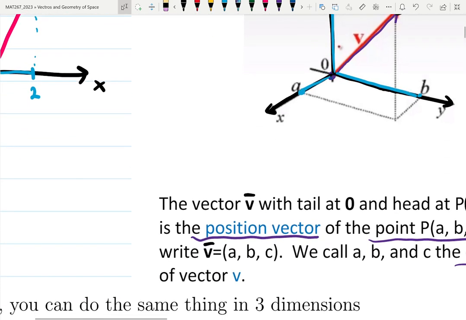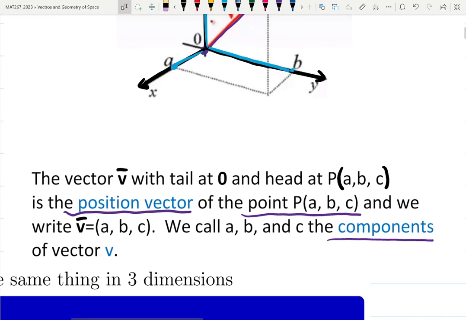Components of the vector. Here it is, so please write this down. The vector v, with either a bar or a little arrow, arrow is better actually, with tail at 0 and head at the point P, A, B, C, is called the position vector of the point P, and we write v equals brackets A, B, C. We call A, B, and C the components of the vector.